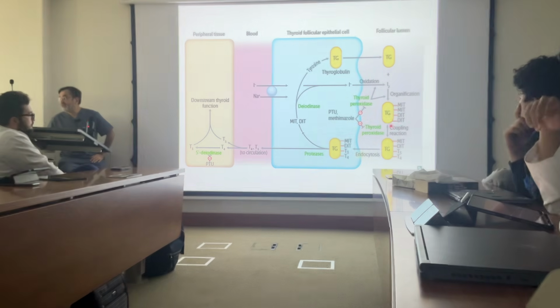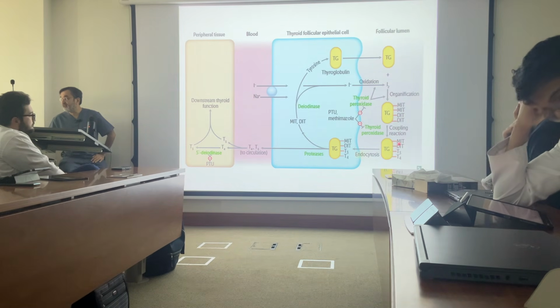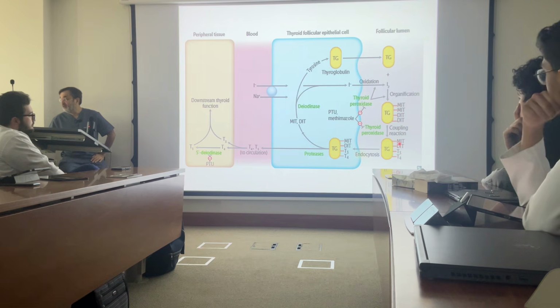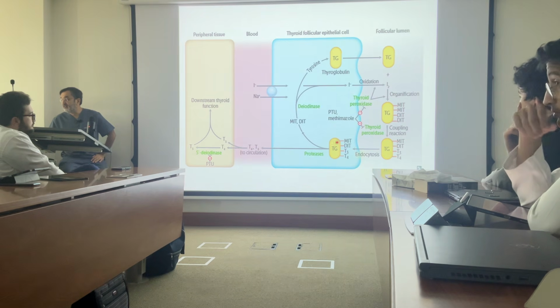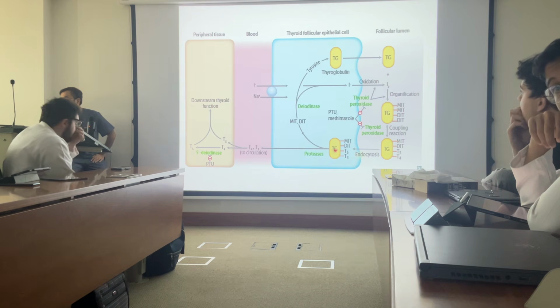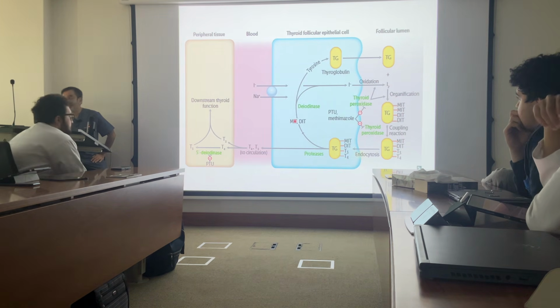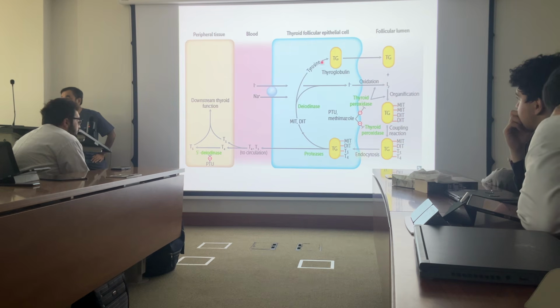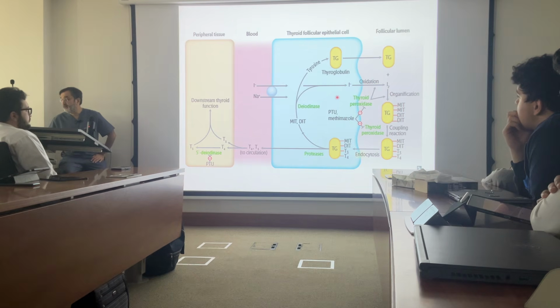Then MIT and DIT have a coupling reaction, and this coupling reaction results in the formation of T3 and T4. Then you have the endocytosis, and the proteases in the lysosomes are going to chop this off. The T3, T4 would go into the circulation. MIT and DIT would be deiodinized to give more thyroglobulin as well as the iodide which is needed there.